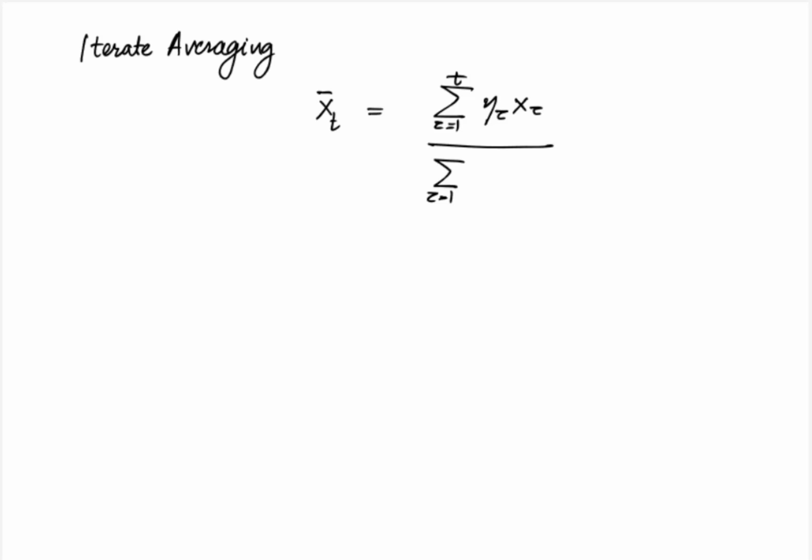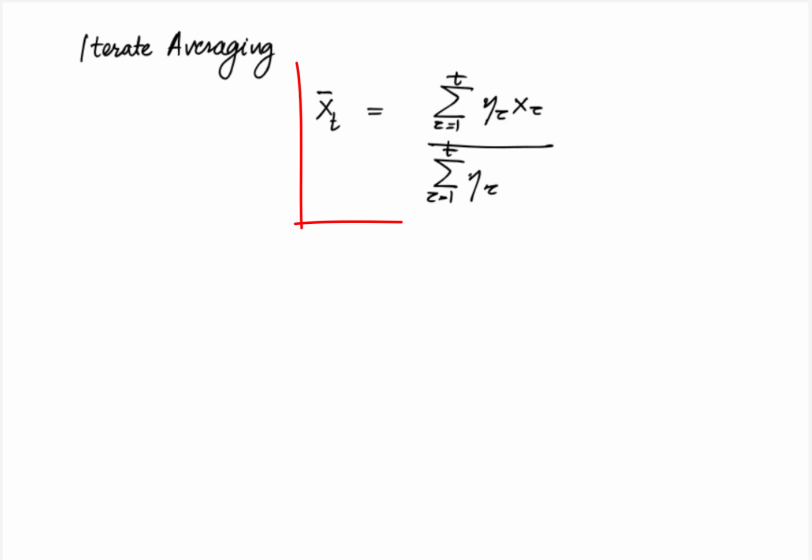In the context of subgradient, because we are not taking the descent direction, practically you might see some oscillations, especially if the step size is large. One way to ameliorate that problem is to carry out iterate averaging. That is, for any step size eta t, we can use that x bar of t is equal to summation over tau eta tau x tau divided by summation over tau eta tau.